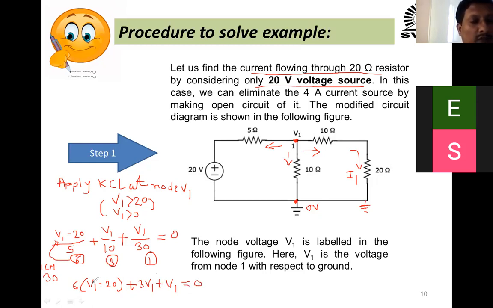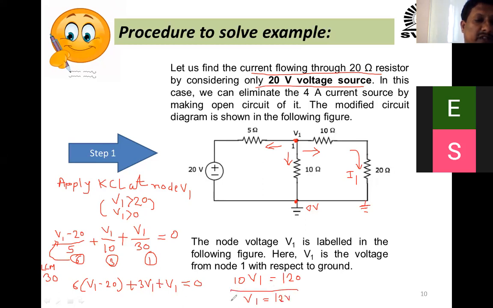So addition of all V1, 6V1 plus 3V1 plus V1, that is 10V1, right? 10V1. Constant 6 into minus 20 is minus 120, goes to the right hand side, becomes plus 120. So what is the answer of V1? 120 divided by 10 means 12 volt.